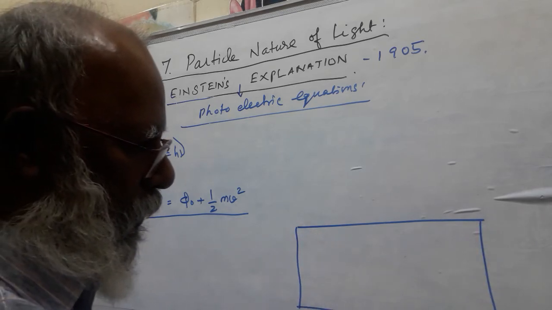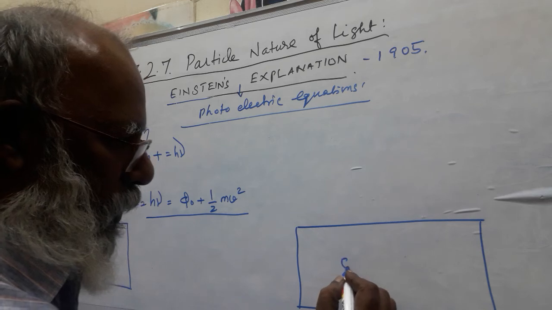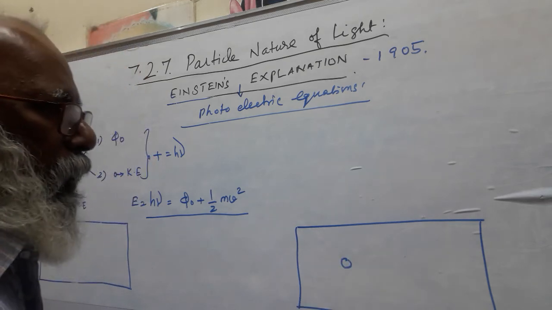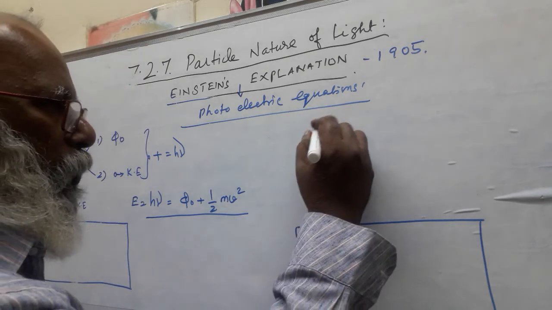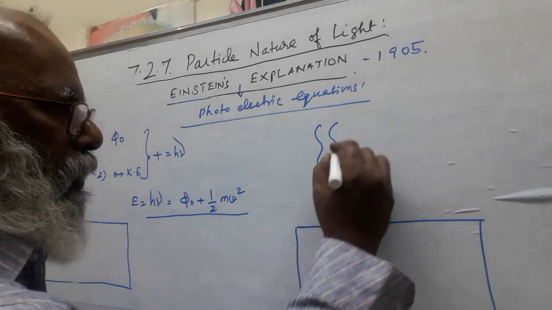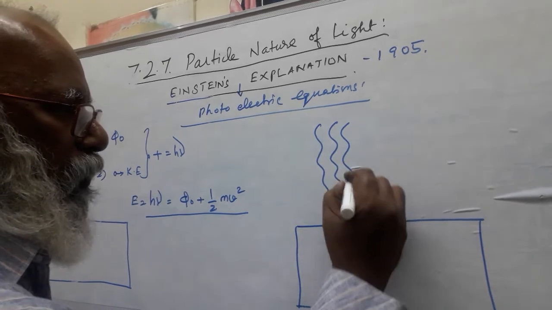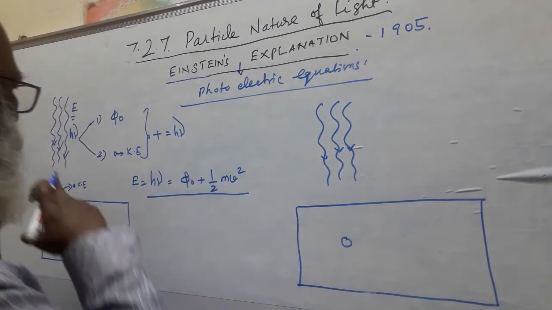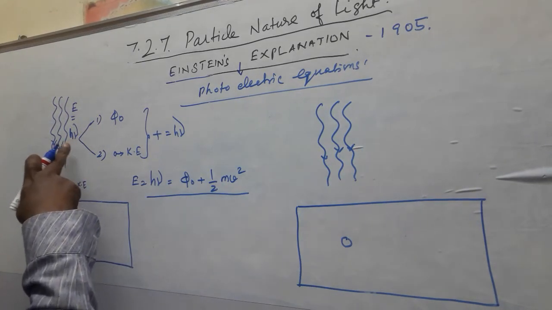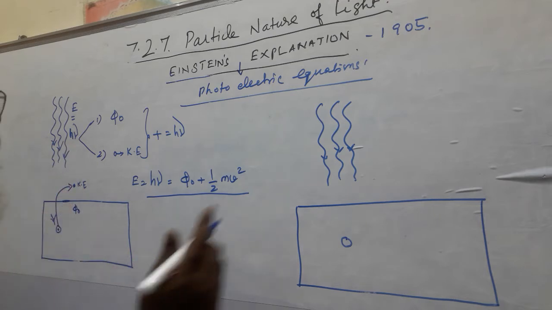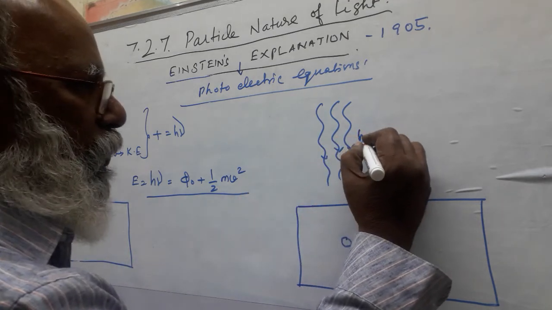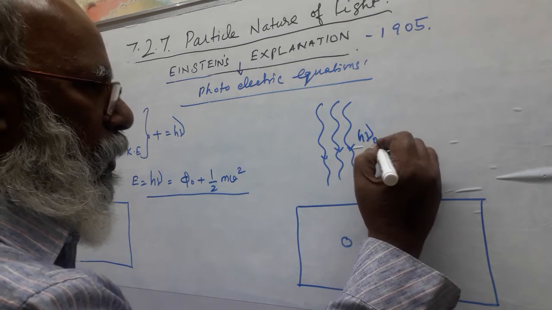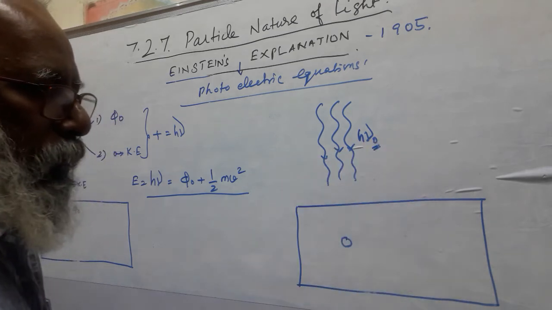Okay. In other words, for example, let us assume the same metal like this. The electron is inside the metal, but with only one difference: the incident energy is different. Suppose instead of nu, we consider h nu naught. Nu naught means threshold frequency.